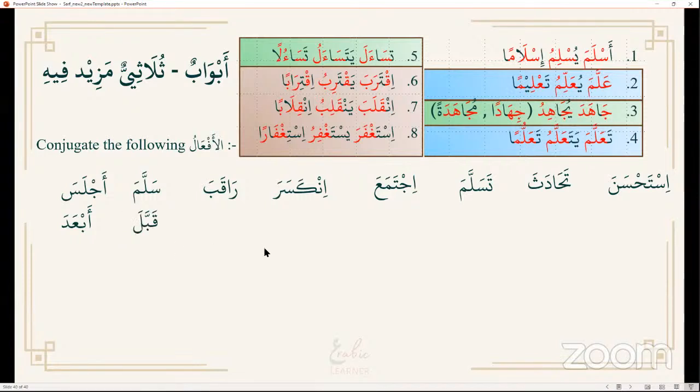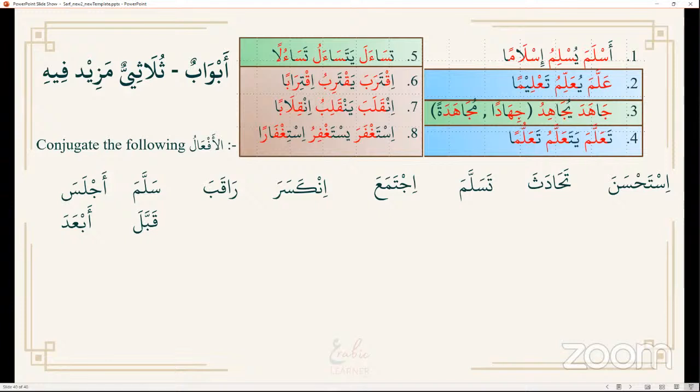Qabbala. Which bab? 2. Qabbala yuqabbilu, taqbilan.